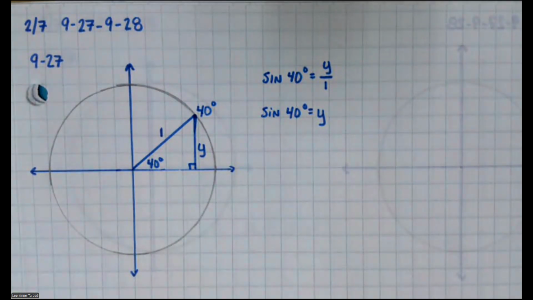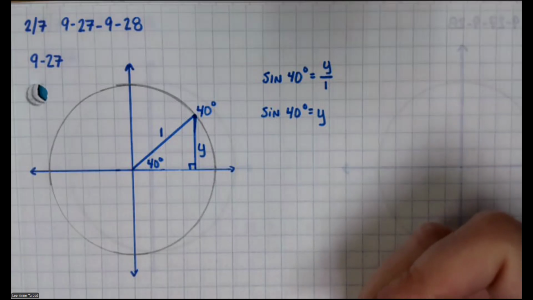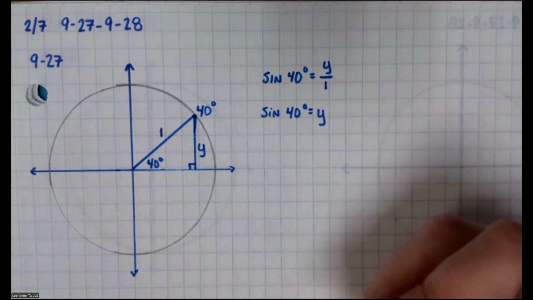Okay, so go on your calculator, guys, and find me the sine of 40 degrees. Make sure your calculator's in degrees. And round it properly to 3 decimal places.